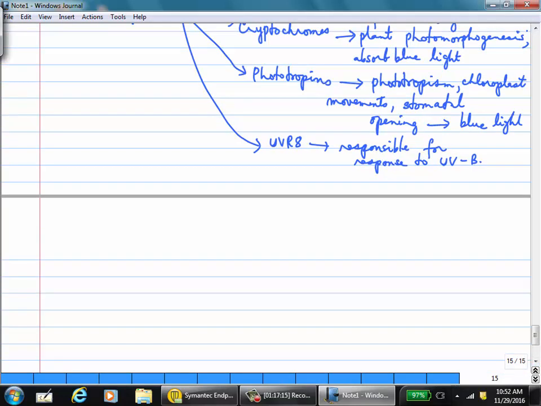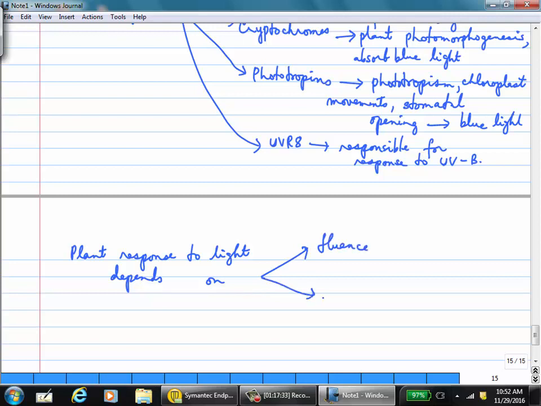Now the plant response to light is determined by a couple of factors. Plant response to light depends on, number one, the fluence, and number two, the irradiance. Fluence is basically the light that is falling per unit area.